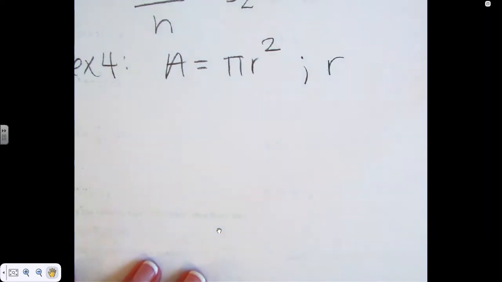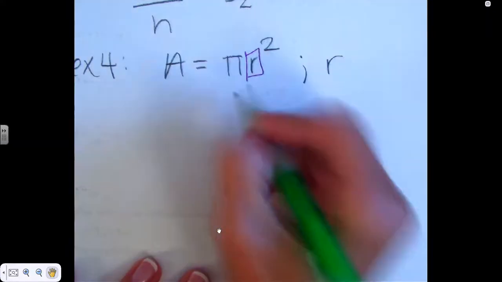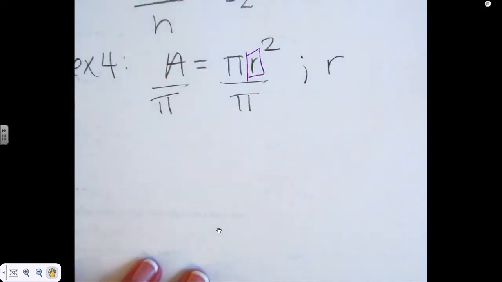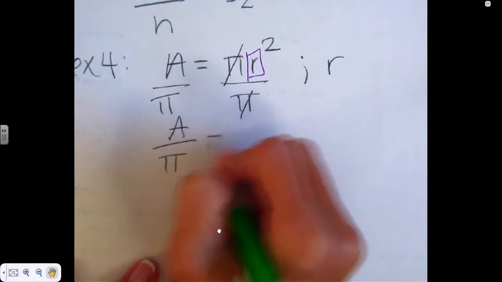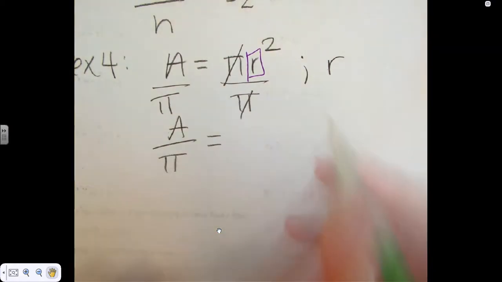So I want to solve for r, not for r squared. So what I need to do is divide by pi. My pi's go away. Leaves me with a over pi is equal to r squared.